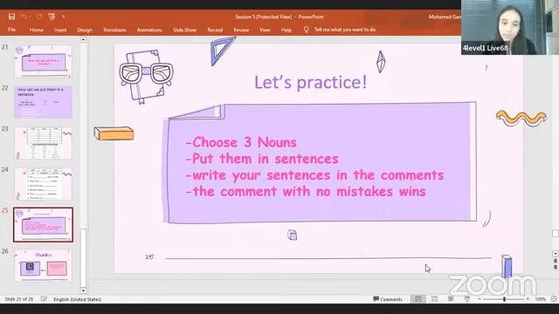Choose 3 nouns and write sentences using them in the comments.